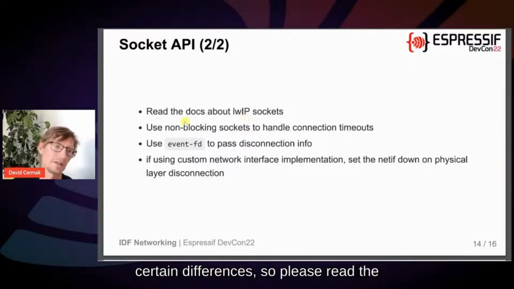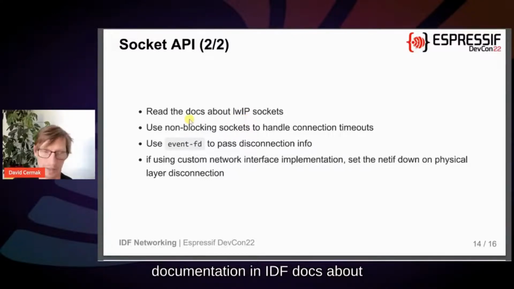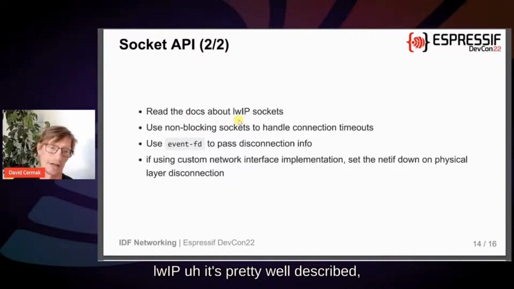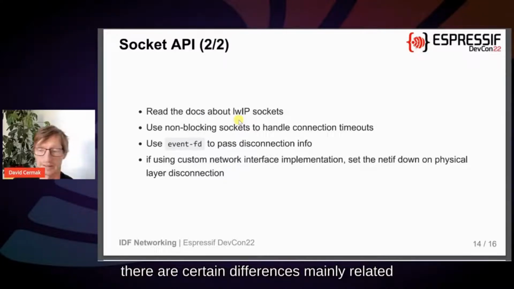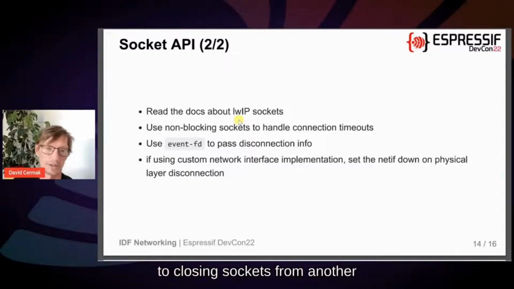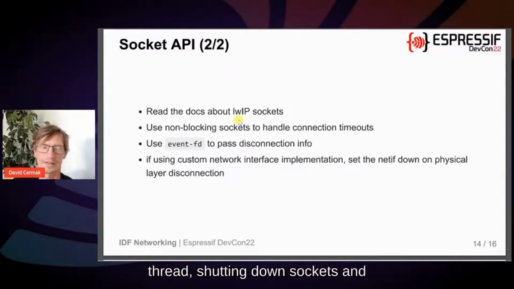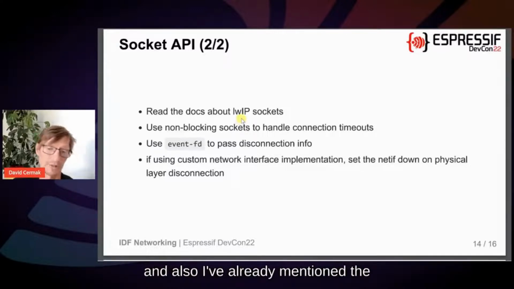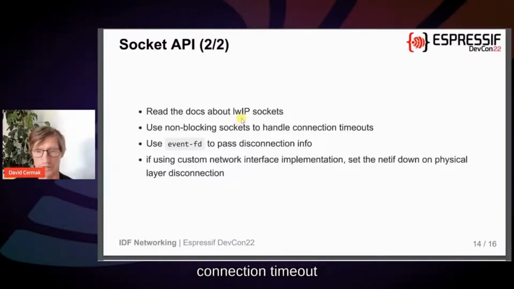Please read the documentation in IDF docs about LWIP. It's pretty well described. There are certain differences, mainly related to closing sockets from another thread, shutting down sockets, and other. I've already mentioned the connection timeout.